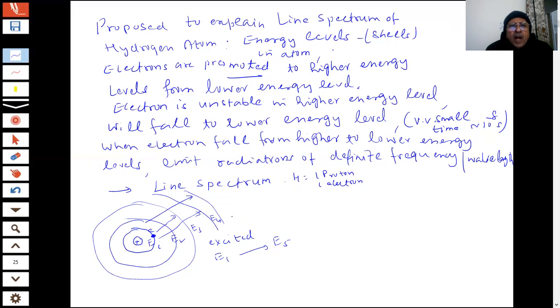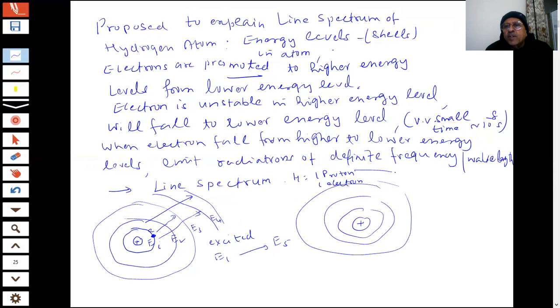Then what will happen? These, students, are the shells. My drawing may not be very good, please excuse me for that. Supposing the electron falls from here to here, what will happen? It will emit light. It will emit radiation, student.